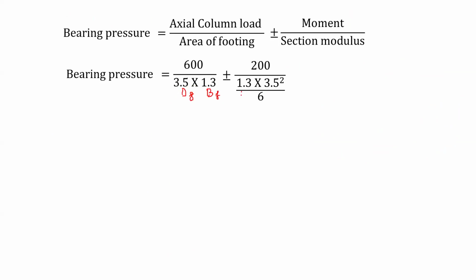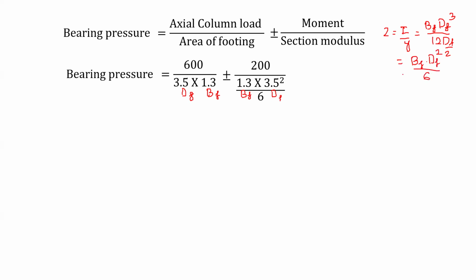Here we have Bf into Df square by 6, which we have already seen. We have Z equal to I by y. I is Bf into Df cube by 12, and y is Df by 2. From this we get Bf into Df square by 6.